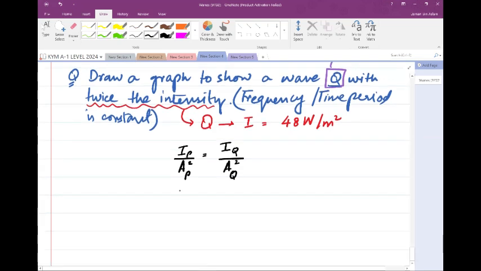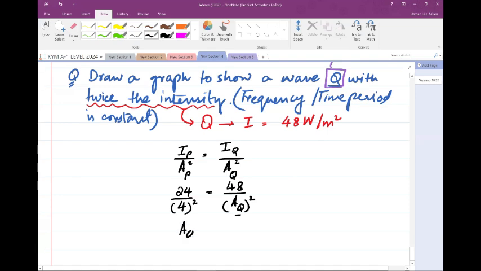The original intensity was 24. The original amplitude was 4 being raised to a power of 2. The new intensity is 48, and you have to find out the new amplitude, AQ. Let's keep that as a variable. Now, if we want to find out the AQ square, it needs to be the subject of the equation.